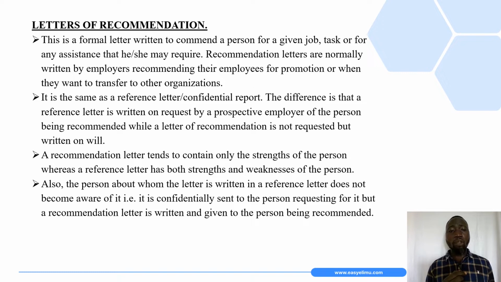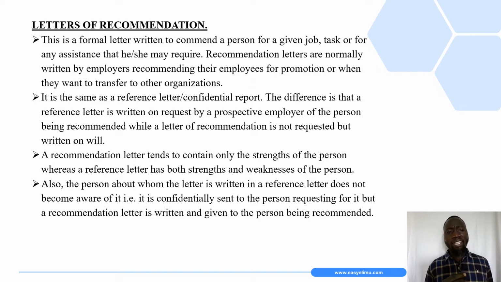So when you are an employer and your employee is leaving you for a new job, a promotion, or a different workstation, and you have been on good terms with your employee, then it is required that you write them a recommendation letter to confirm to the new workstation that he served well, and that up to the point that the said employee was leaving your workstation, you were on good terms.